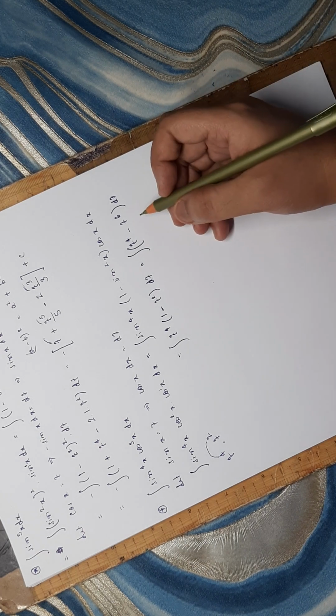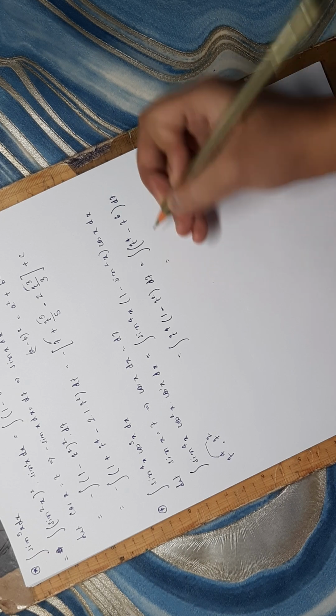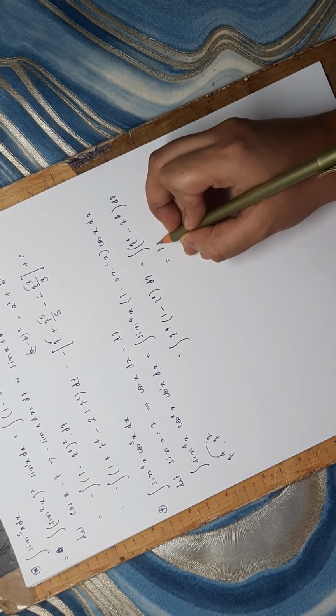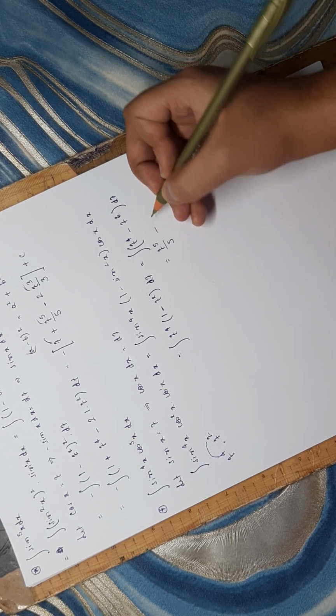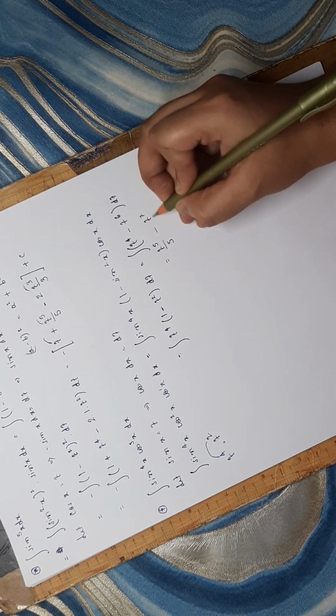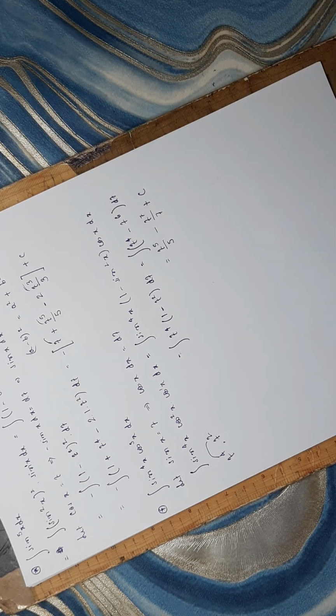Now that you have reached this point, I hope integration doesn't stand as a huge issue, because you know that the integration of t to the power 4 is t to the power 5 by 5, and the integration of t to the power 6 is t to the power 7 by 7 plus c.